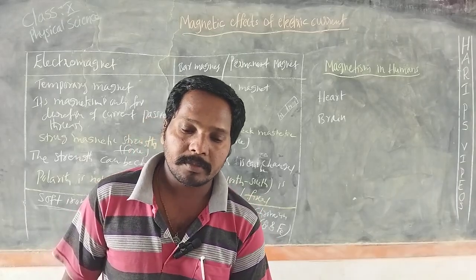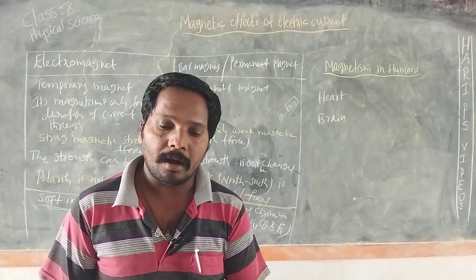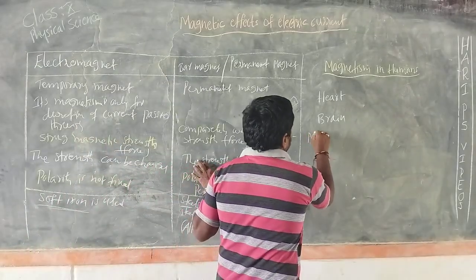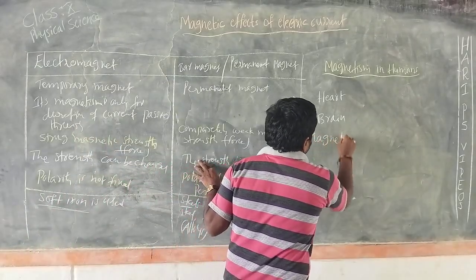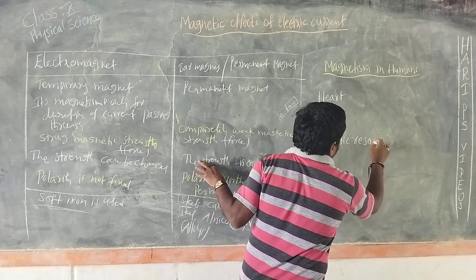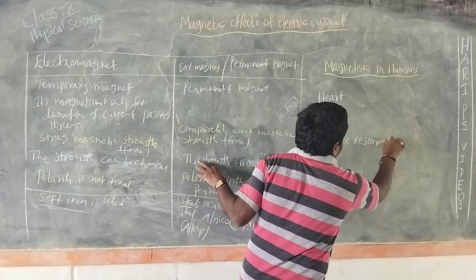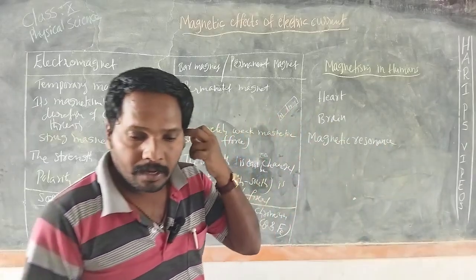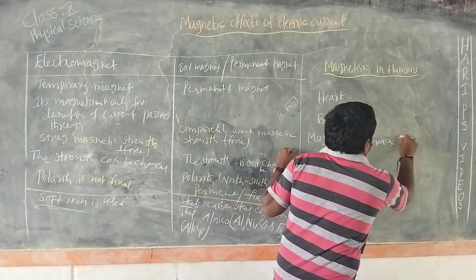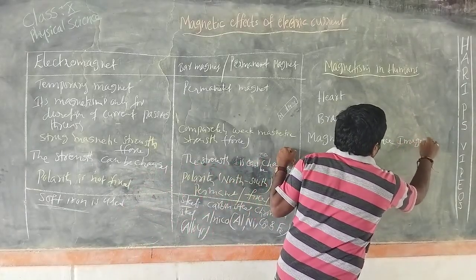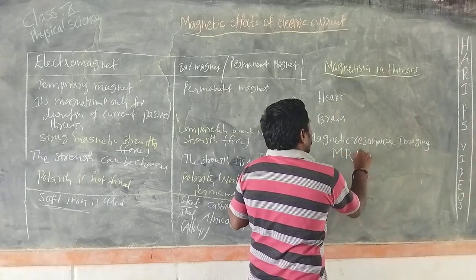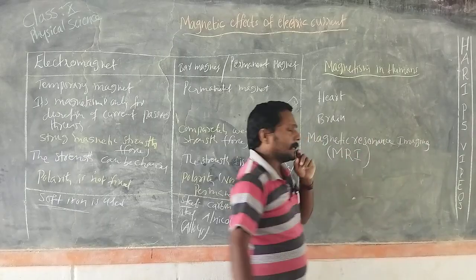The magnetism produced inside the body by the flow of ionic current forms the basis of a technique called magnetic resonance imaging. You can call it MRI.